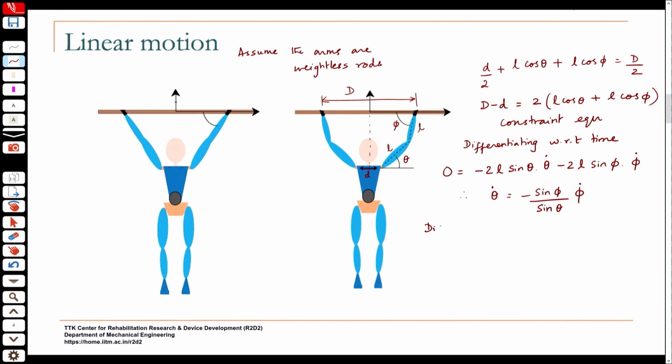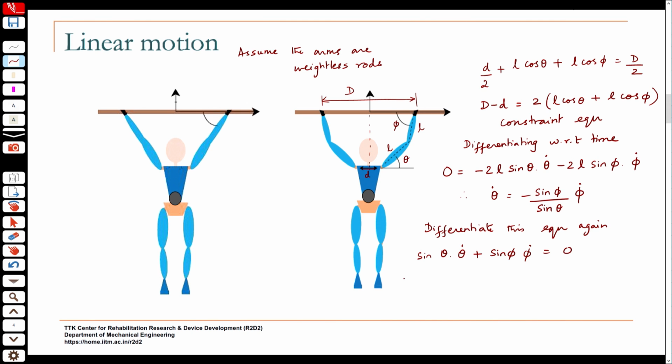If I differentiate this equation again, I move the term over, so I say sin theta theta dot plus sin phi phi dot equals 0.